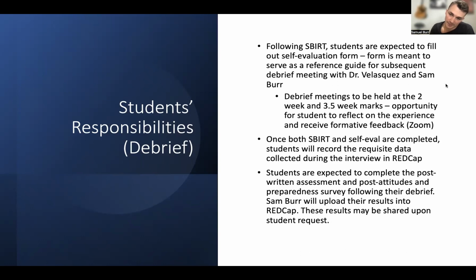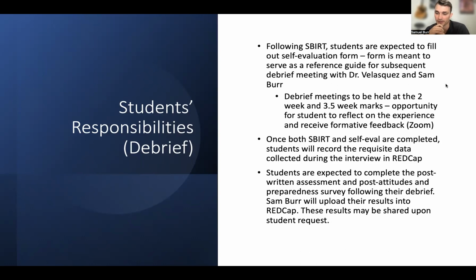At that point, we'll ask them to complete the post-written assessment. It'll be the same written assessment, evaluating the same competencies. They won't know how they did on the first one, so they shouldn't be able to rely on the score and remember which answers they got right and wrong to inform their doing this assessment again.